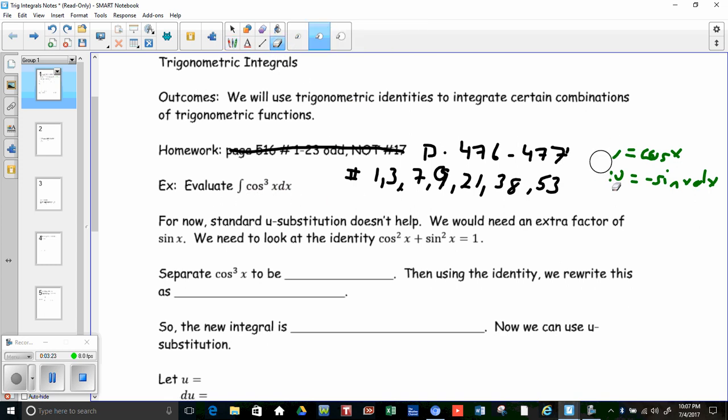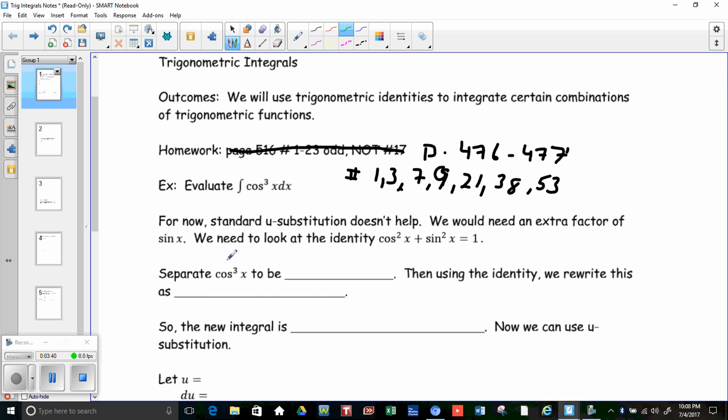Let's go ahead and get rid of this. So what we're going to have to do is use this identity that cosine squared plus sine squared of the same angle equals 1.